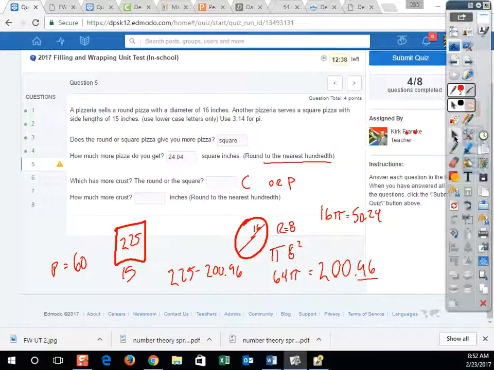So then, therefore, the square has more crust. And how much more crust? Well, we have 60 minus 50.24, which would give you 9.76.